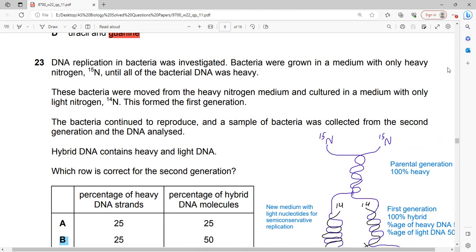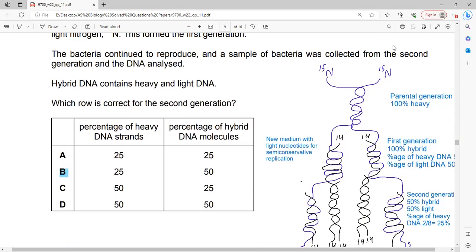Then we took one sample of bacteria and transferred it into a medium with isotope number 14 nitrogen. So in the new medium with the light nucleotide, this will explain the semi-conservative mode of replication. How? For example, if we have a DNA molecule, in the first generation, the parental generation, this contains isotope number 15.